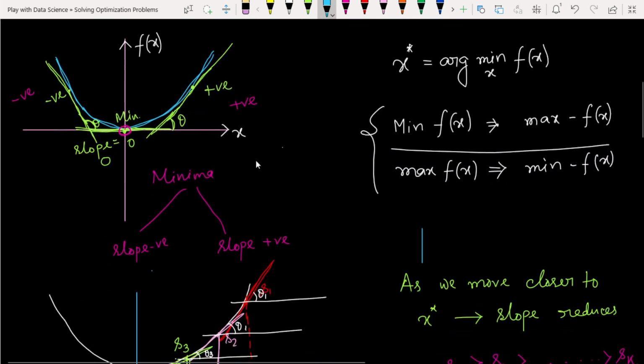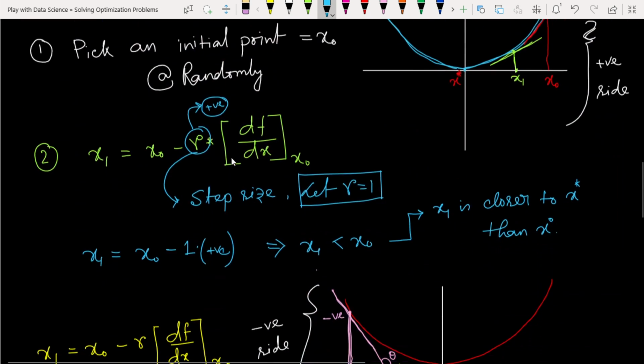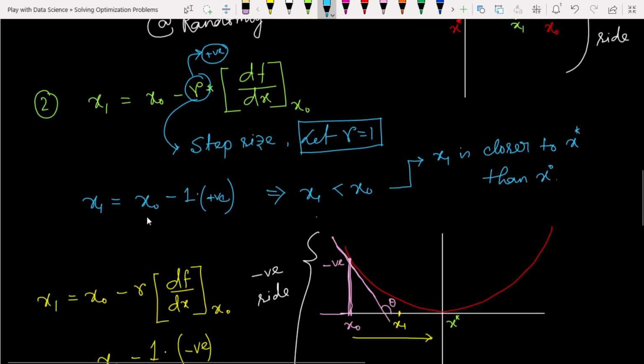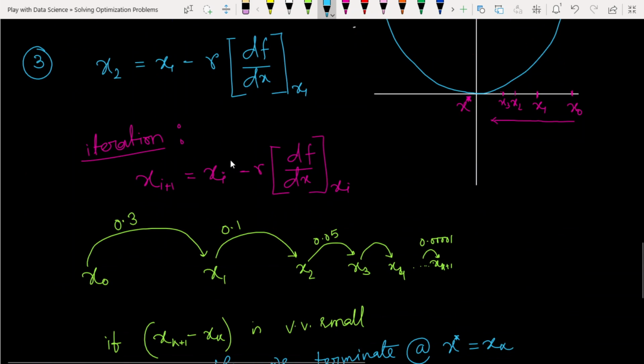How do we choose this point that is closer to our optimal point? Simple, we use this formula: xi plus 1 is equal to xi minus r into df by dx at xi. We use this formula to iterate, moving the point as per our requirement.